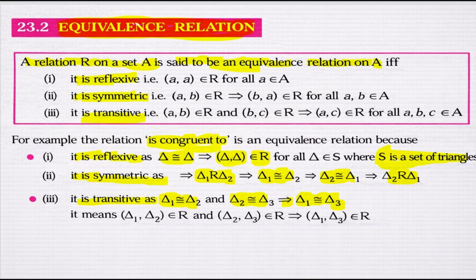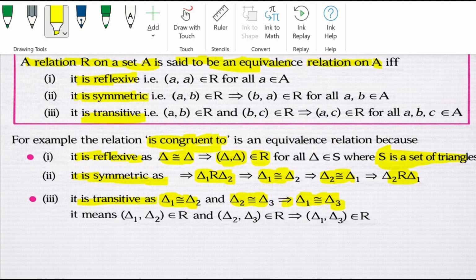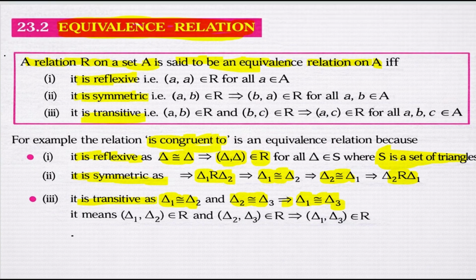Then how many equivalence relations can we make on a set with n elements? There is no particular formula for that, but we can see one pattern. If set A contains one element, we can make one equivalence relation.